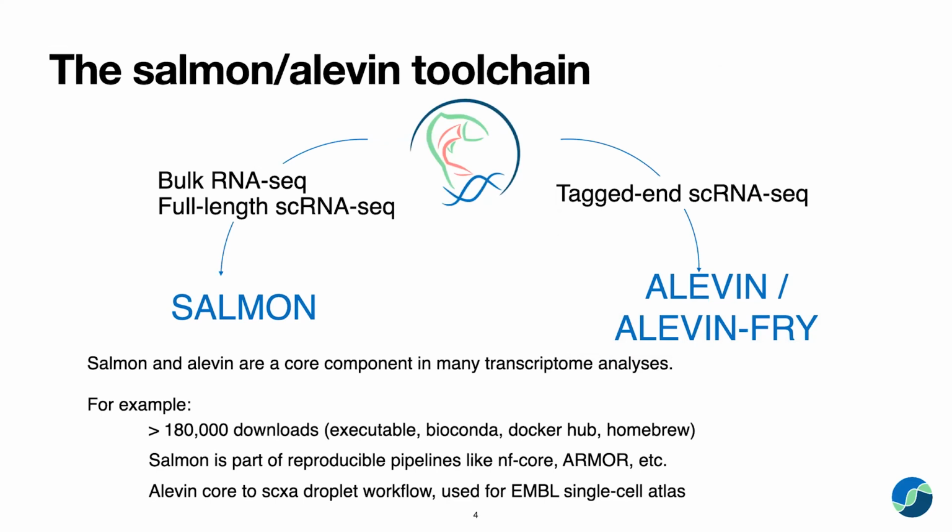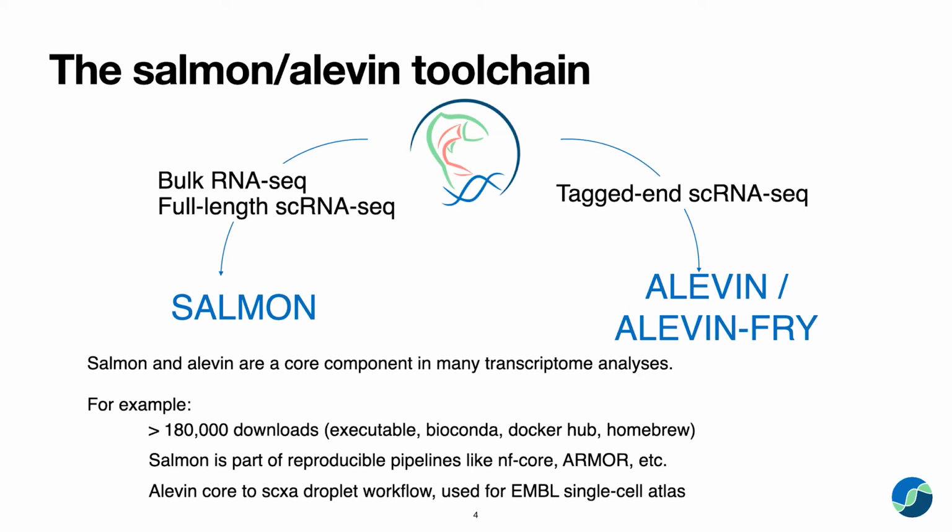And there are really two sets of tools in the overall project. There's a set of tools for dealing with bulk RNA-seq and some single-cell RNA-seq data, and then another set of tools for dealing with tagged-end single-cell RNA-seq data.